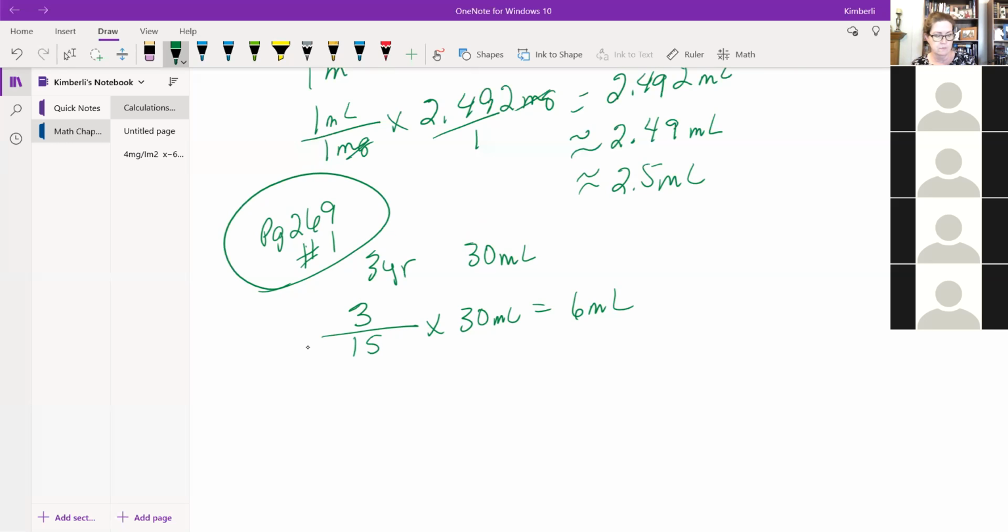Also Freed's rule. Yeah, I would use Freed's on that one too. What about number 6? Young's. Oh, Young's, sorry. Number 4. Yeah, number 4 would be similar to number 1, except we have milligrams, right?